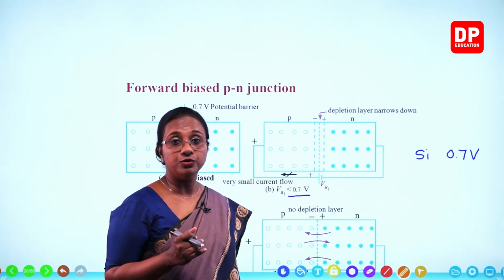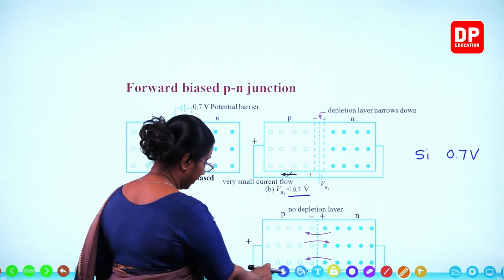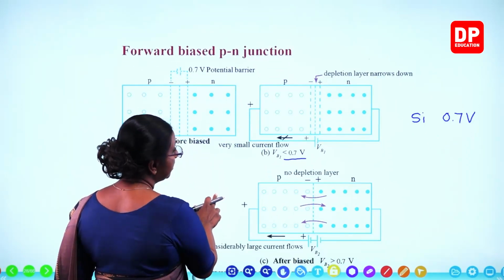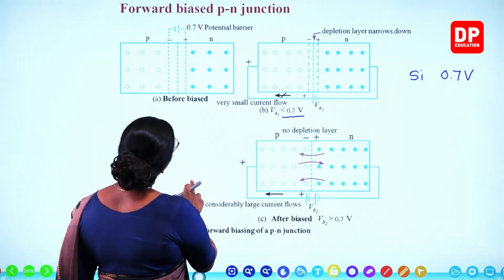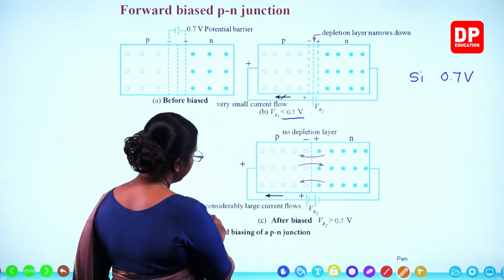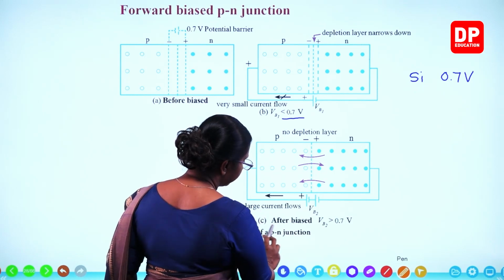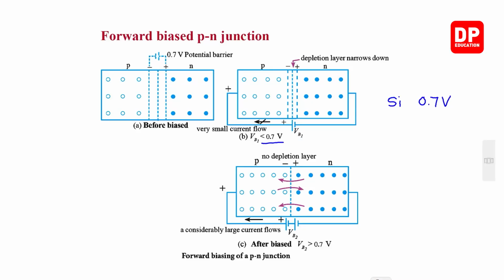Then what should we do? We need to increase the applied potential difference. That is what we do in this diagram, forward biasing of a PN junction after biasing. Here the supplied potential is greater than 0.7 volts.